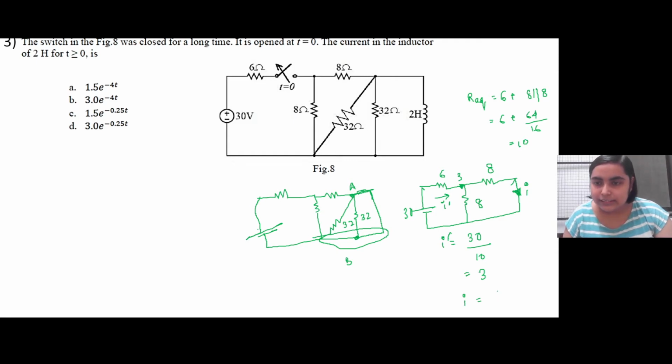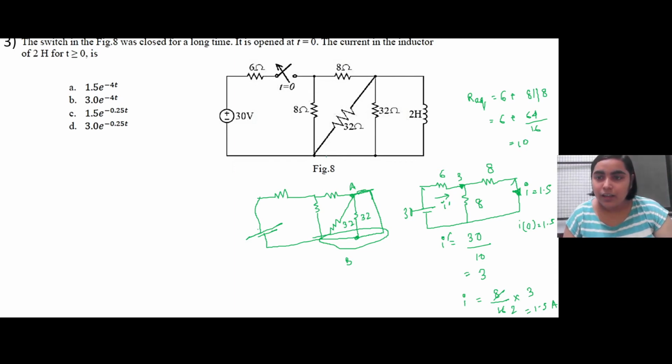Since both the resistances are equal, it is 8 by 8 plus 8, 16, times 3. This is by the current division rule, right? 1.5 ampere was initially flowing through it. So I of 0 is 1.5.